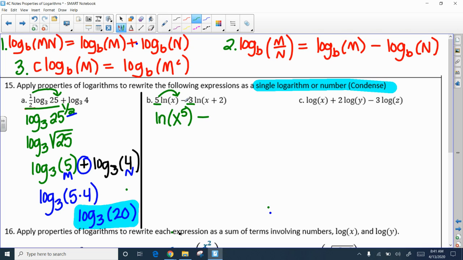And I still have the minus in between. When I'm using this third property, I'm just using the number in front, not the sign. So not the minus sign. So now on this expression here, the 3 is moving to the power of that. So that's going to be minus natural log of (x plus 2) to the 3rd power.